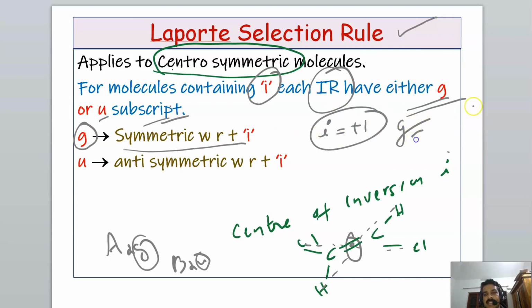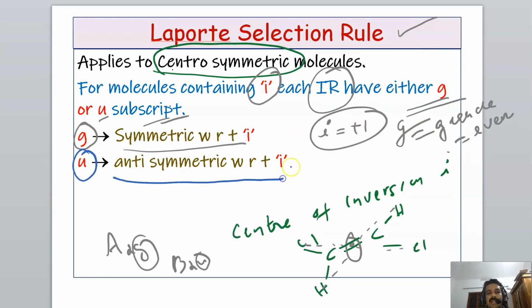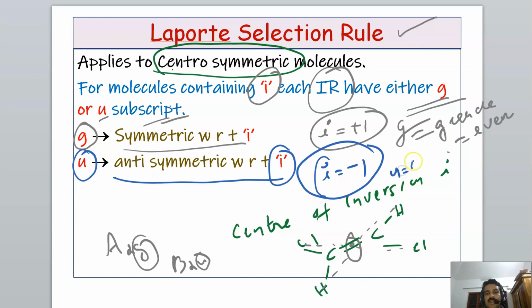G means gerade, which means even or symmetric. And the subscript u represents anti-symmetric with respect to i. That is, the character of i is equal to -1. That means it is anti-symmetric with respect to i. And u means ungerade in German, which means uneven.